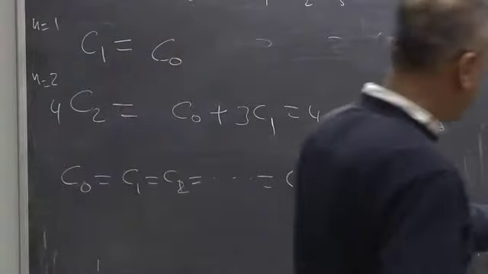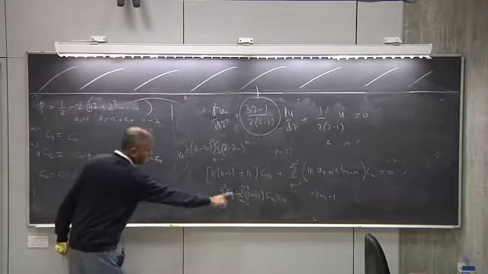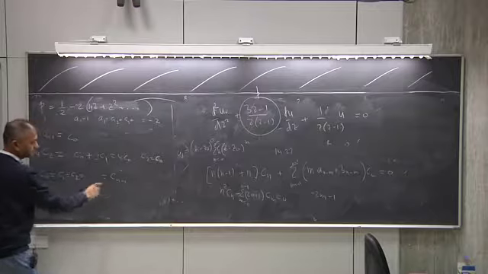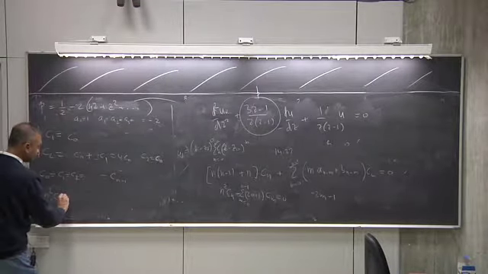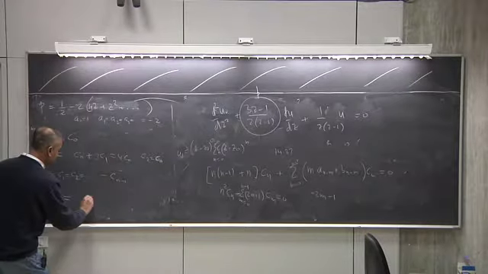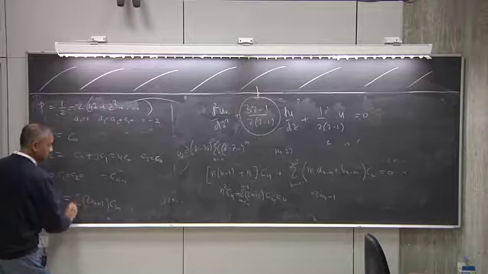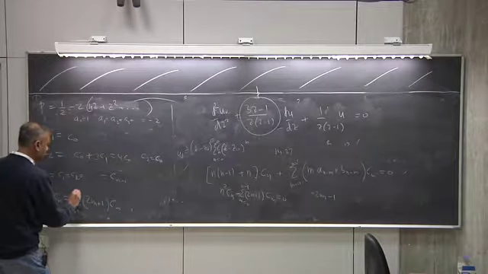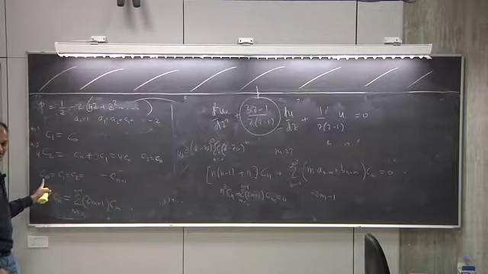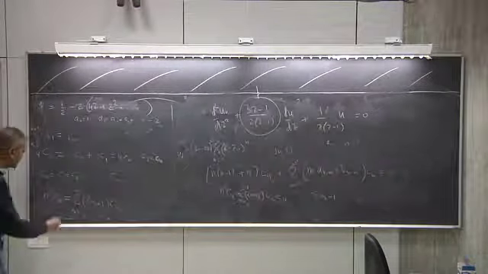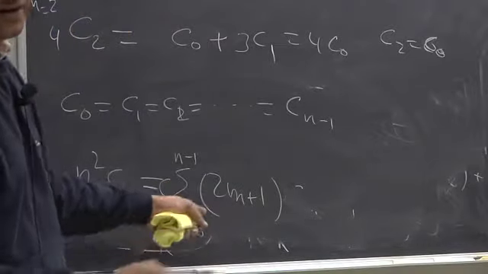So let's see, I want to look at this nth term, because this is true up to n minus 1. So we have n squared Cn equal to, I take it on the other side, the sum of 2m plus 1 times Cm, m equal to 0 to n minus 1. But we said that for all of these values, Cm is the same as C0, so I can take it out, it's independent of m, and now you can do the sum, right?